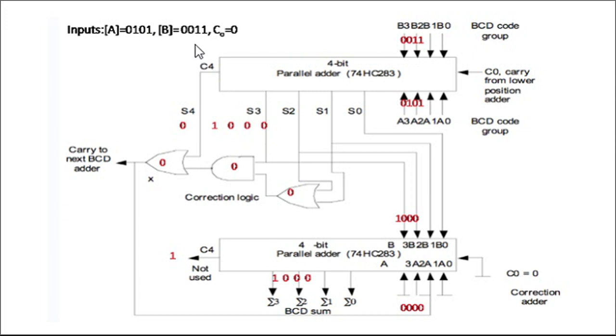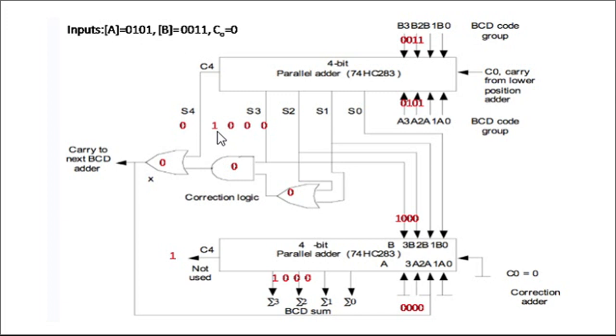This carry 1 plus 0 gives sum 0 with carry 0. The next carry is 1 plus 0, which is 1, and 1 plus 0 is 1.